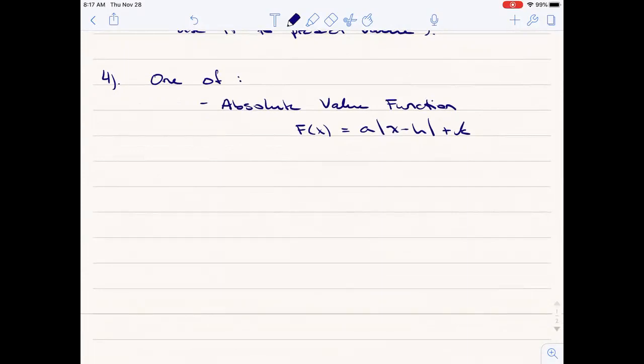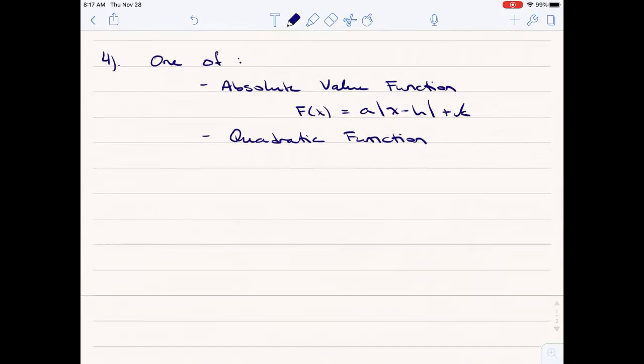So the absolute value function, which has that form, or a quadratic function, which has the form very similar: a times x minus h squared plus k.